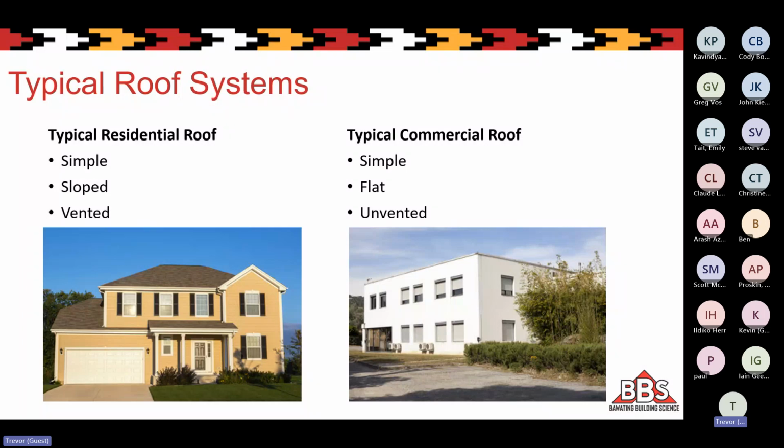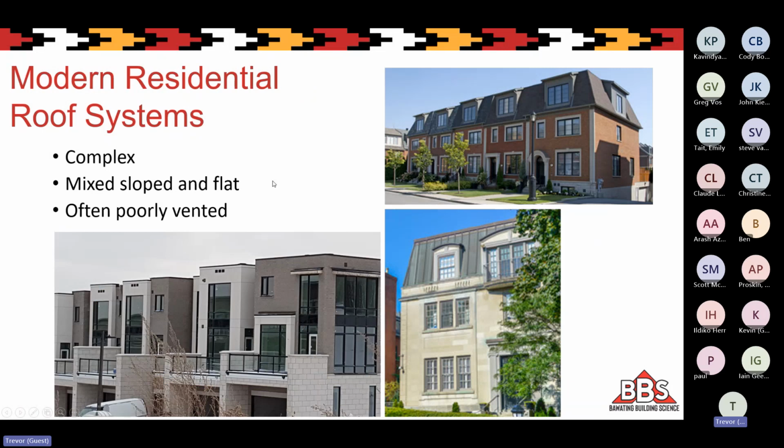Now things are getting a little more complicated because we're starting to see these types of roofs residentially, these mixed roofs that are partially flat and partially sloped. They're much more complex. And because they're residential, and we have residential contractors working on them and residential designers designing them, we have been trying to ventilate them just like we did before with our sloped roofs. And we're seeing some specific issues from that, and we'll talk a bit about why that is.